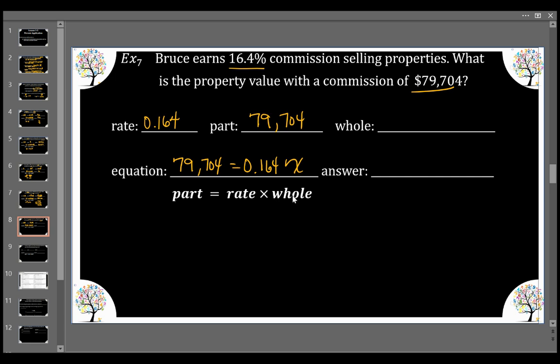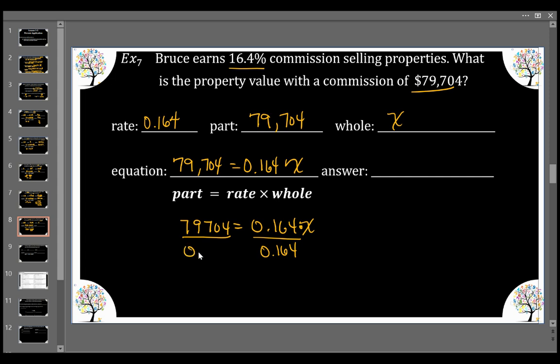So another way we can say this is 16.4% of what is equal to the commission of $79,704. So again, we're going to apply our algebra properties of isolating our variable x. We're going to use the inverse operation of multiplication, which is going to be division.